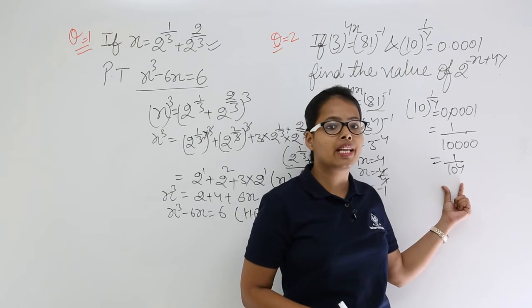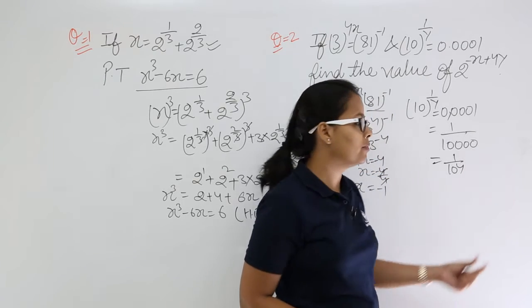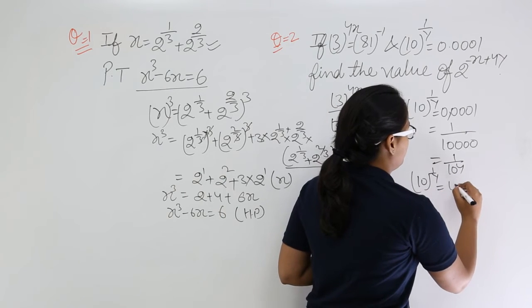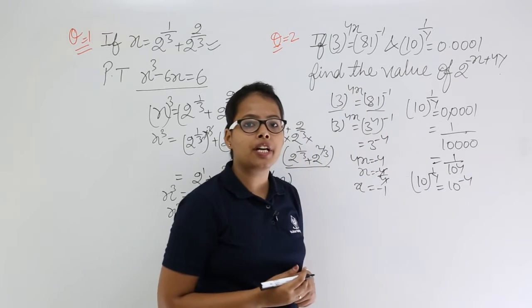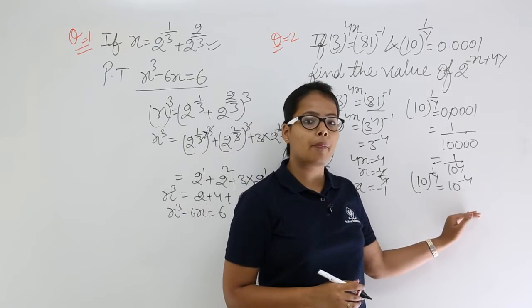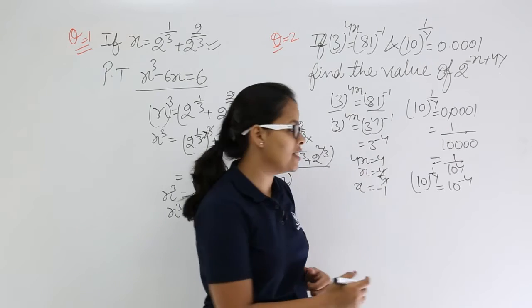Now to make the base 10, you will bring this value in the numerator. So the sign of the exponent is going to change, but the base will remain as it is. Now you can compare the bases, both are the same. Now you are going to compare the exponents.